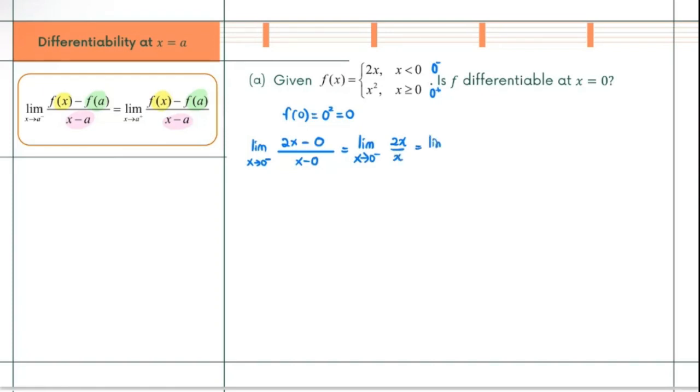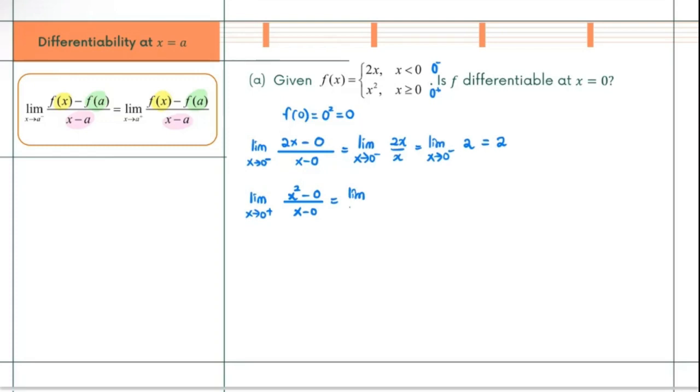And then if we simplify, kita dapat 2 sahaja. So that means the value will be just 2. Okay, now let's find out the value untuk x approaching 0 positive. Okay, 0 positive, the function will be just x squared. Sebabnya 0 positive kan? So x squared minus 0 divided by x minus 0.